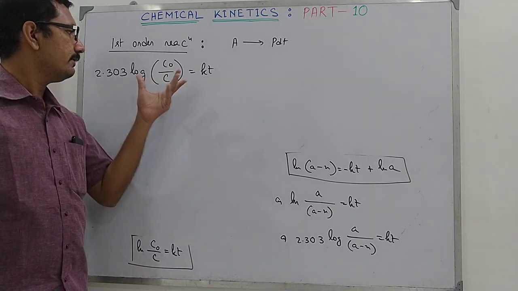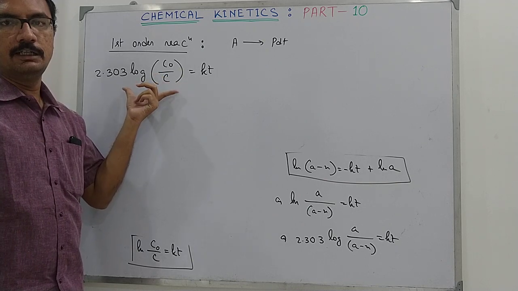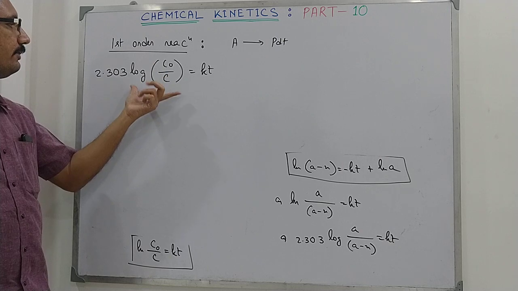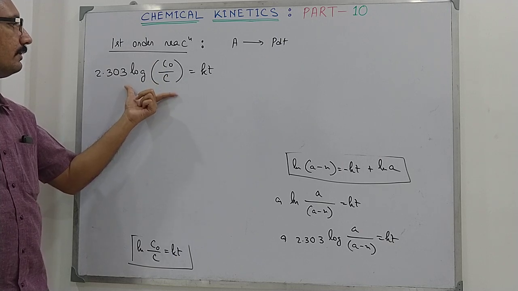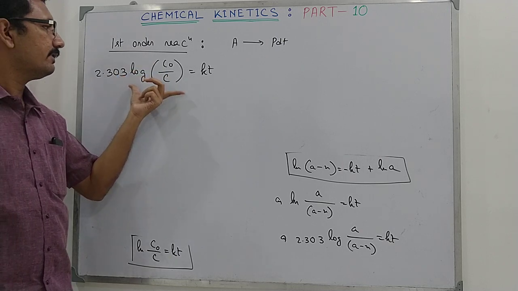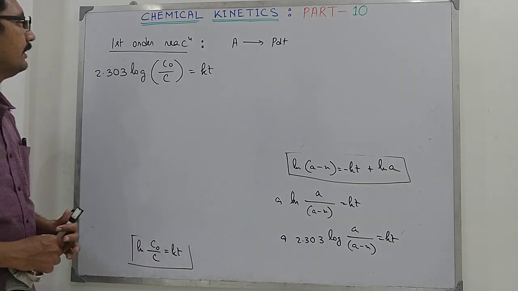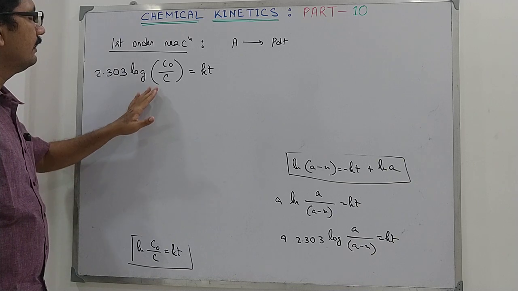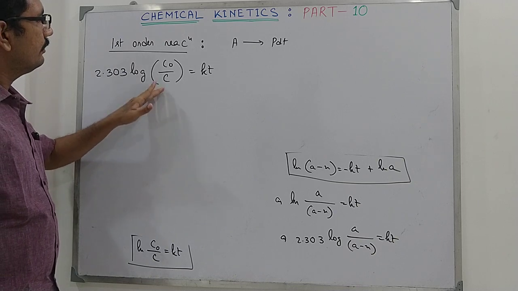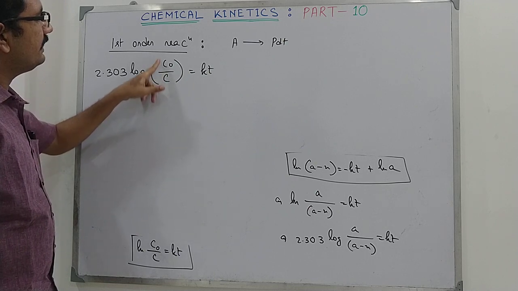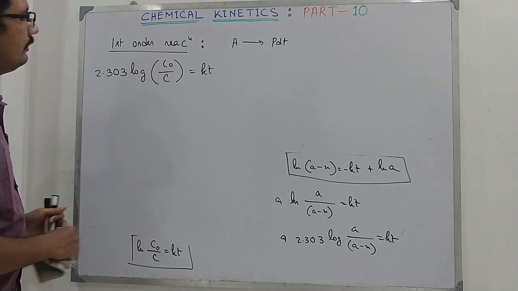There are some problems which start from this equation, and at examination there is no need to derive this equation. So if you can memorize this equation, then you will be able to do the problem.